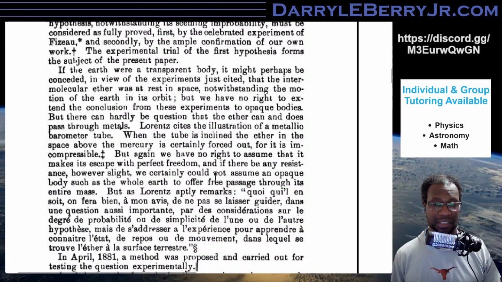"If the Earth were a transparent body, it might perhaps be conceded, in view of the experiments just cited, that the intermolecular ether was at rest in space, notwithstanding the motion of the Earth in its orbit. But we have no right to extend the conclusion from these experiments to opaque bodies. But there can hardly be question that the ether can and does pass through metals. Lorenz cites the illustration of a metallic barometer tube. When the tube is inclined, the ether in the space above the mercury is forced out, for it is incompressible."